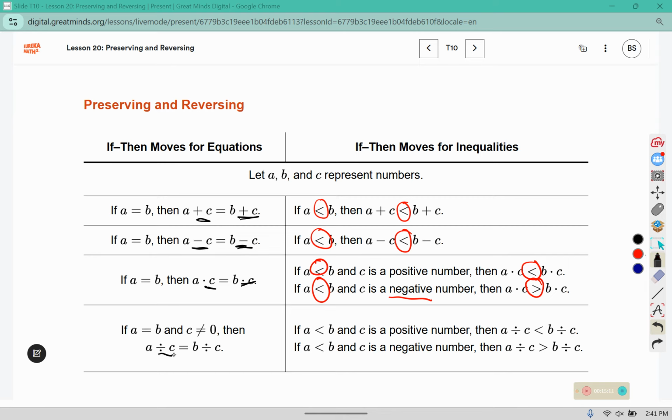And this one shows dividing by a number. If that number is positive, those symbols faced the same way, but if the number was negative, we had to change the direction of the symbol. So we call this preserving the symbol versus reversing the symbol. So the only time where we have to change the symbol is if we multiply or divide by a negative. All other times it stays the same direction.